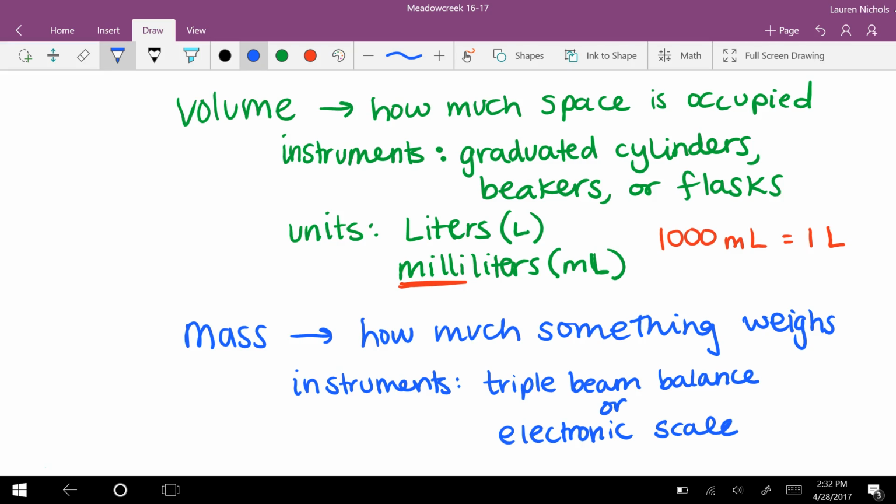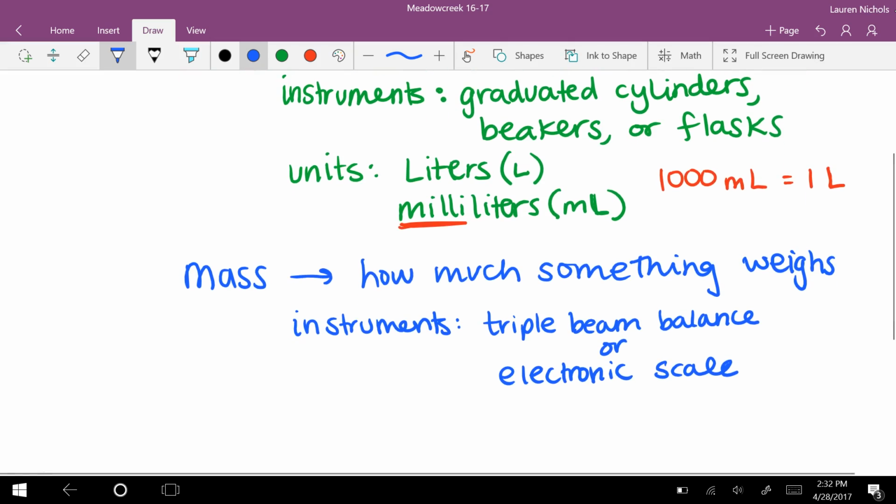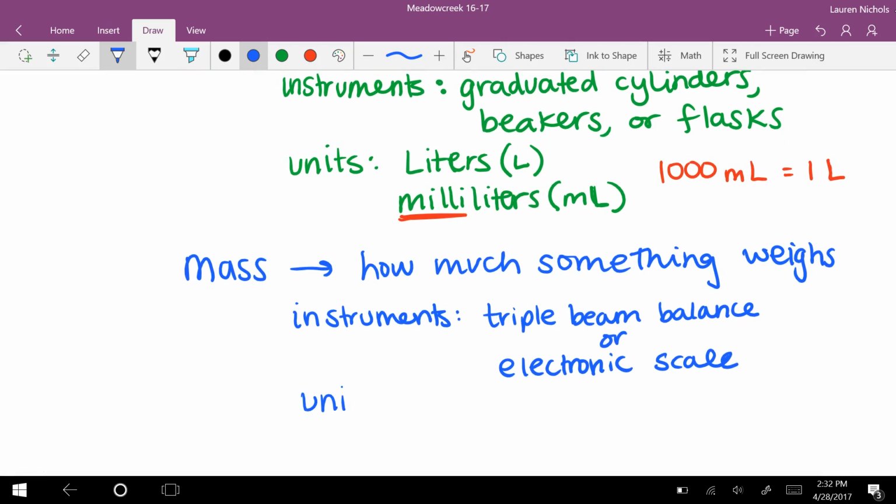Most scientists only use electronic scales now because they're a lot more accurate. Now the units for mass are grams, which is abbreviated as a lowercase letter g. So that's the first part.